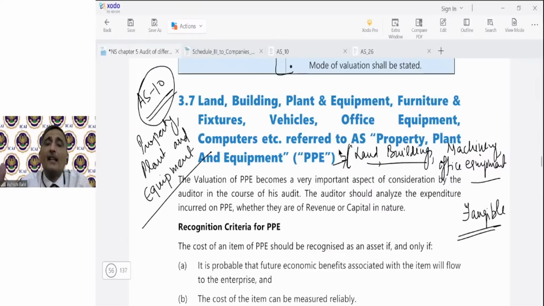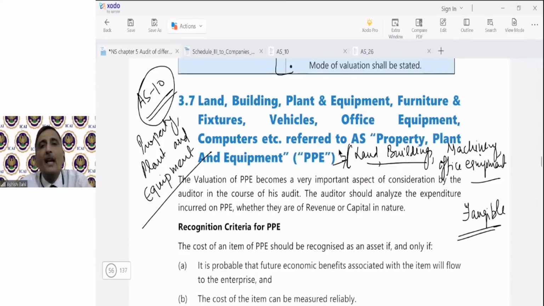So current assets, students, by their very definition, if you read Schedule 3, are expected to be realized in cash within a period of 12 months or within the operating cycle of a company. But PPE items are different from current assets. Like inventory is a current asset. Why? Because it is expected to be converted into cash or cash equivalent within the operating cycle of the company.